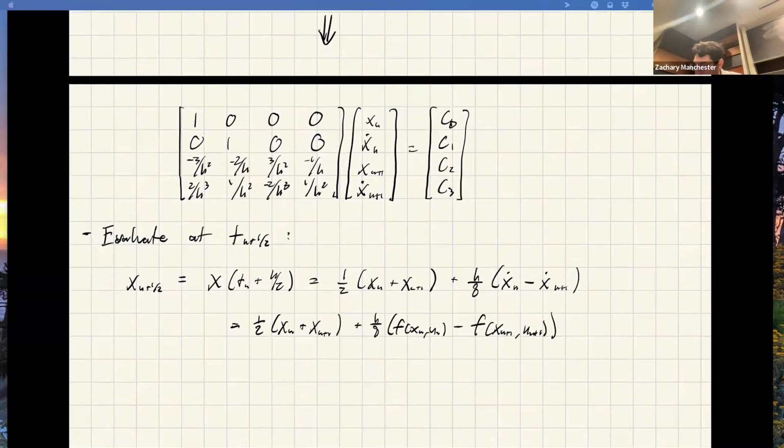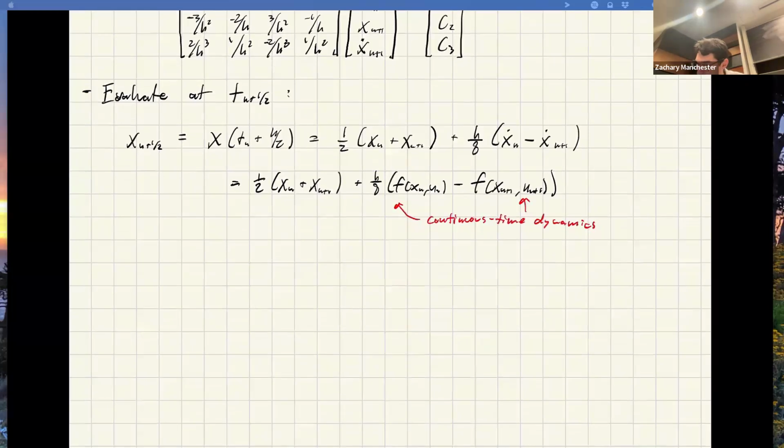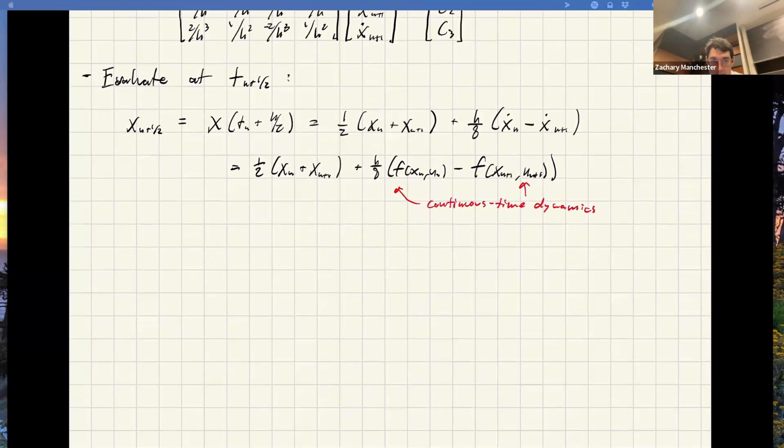And to be clear, these are the continuous time dynamics. This is basically doing the integration for us implicitly in the constraints, right? So basically this is your Runge-Kutta method, implicitly in the constraints. Okay, so that's the first one.